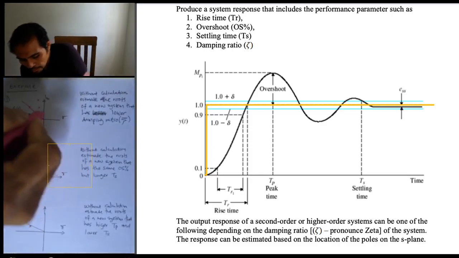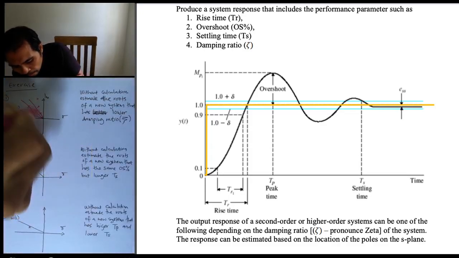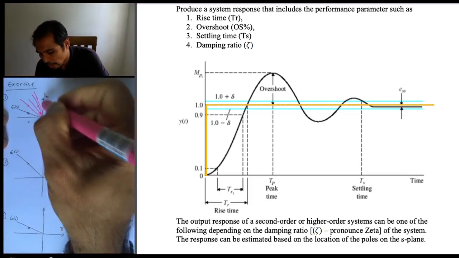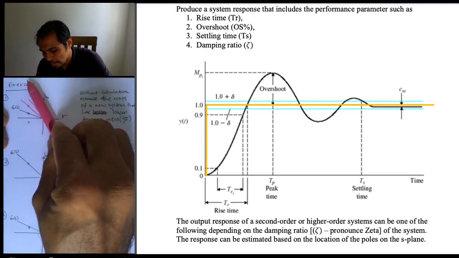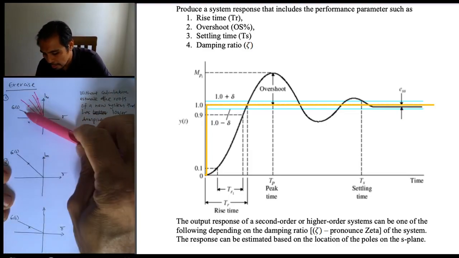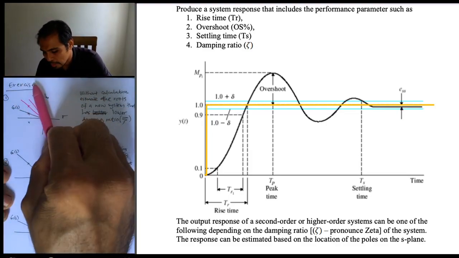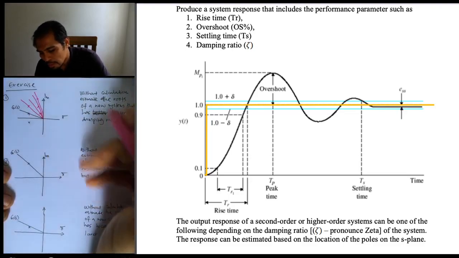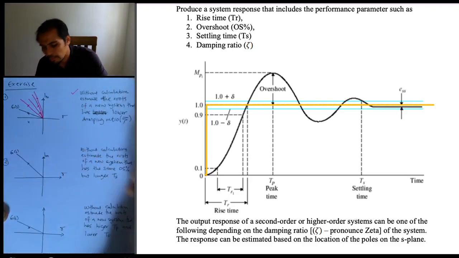You got it? So the same thing, this one, and that one, and also that one. So as long as the angle is higher than this, I mean the zeta is lower than that, right? So we answer this, right?